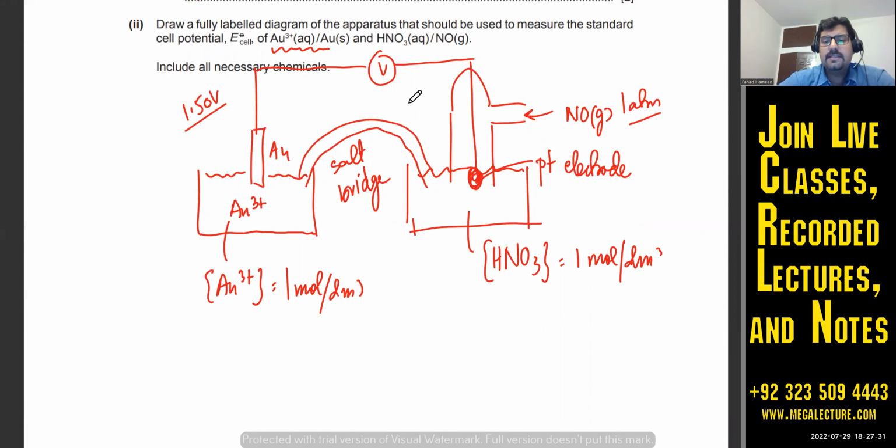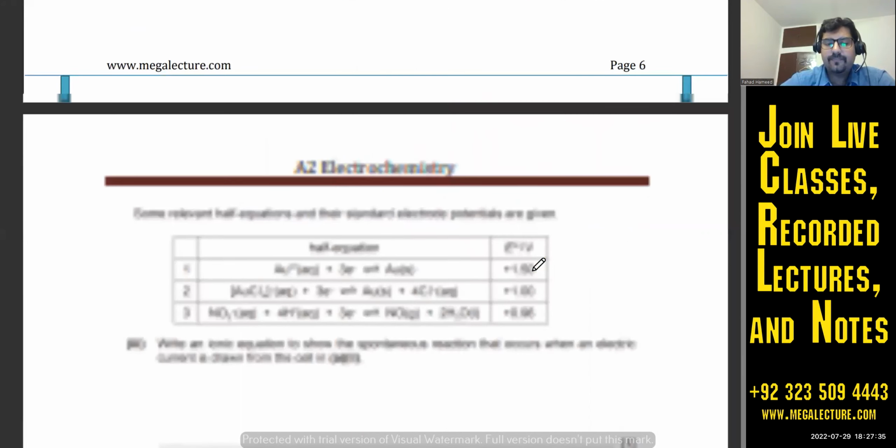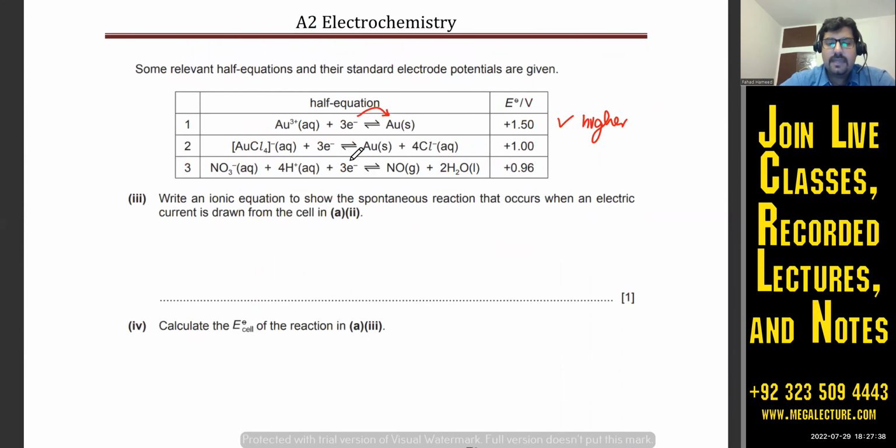The other one is your NO and HNO3. So they've given a table. So I think it's this one, and that's your lower potential. The NO gas with HNO3, that's the lower potential, and that's the one that's going to lose electrons, right? So these were the 2 electrodes.